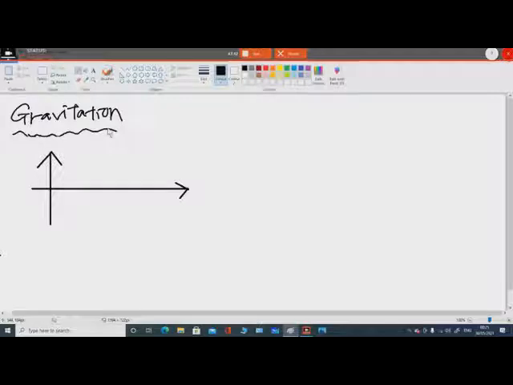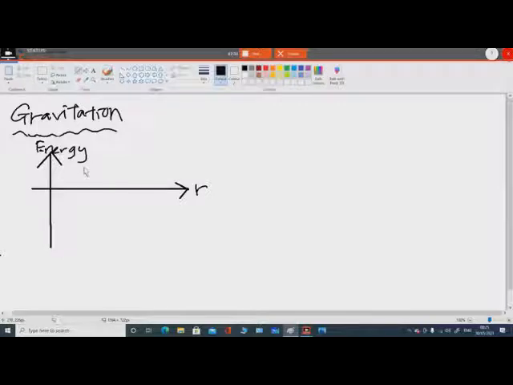This one will be our energy, and this one will be our r. Let me draw it longer.